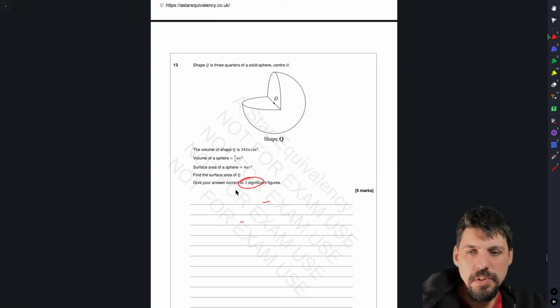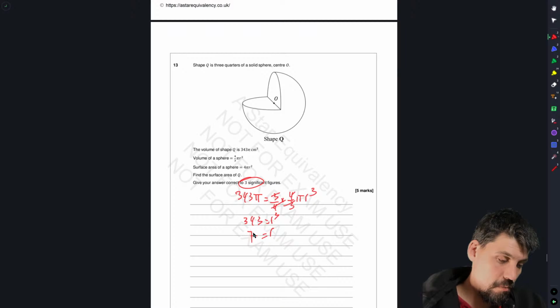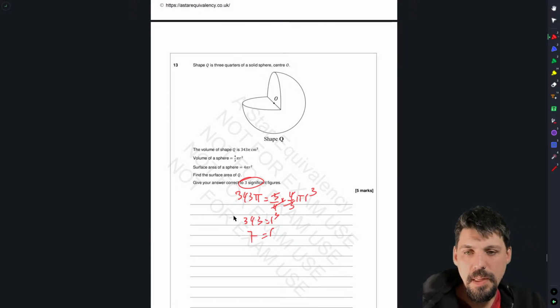Because that's 3/4. So 343 pi is 3/4 of 4/3 pi r cubed. They'll cancel out. So 343 is r cubed, which tells me that r is 7, apparently. Yeah, there we go. That's better.